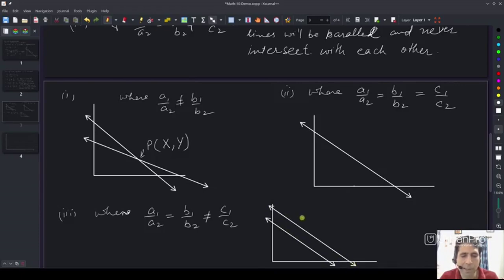These two lines will be parallel to each other. They will never intersect, and there will be no solution for these equations. We cannot find a point where these intersect, and we cannot find the values of x and y which satisfy both equations.